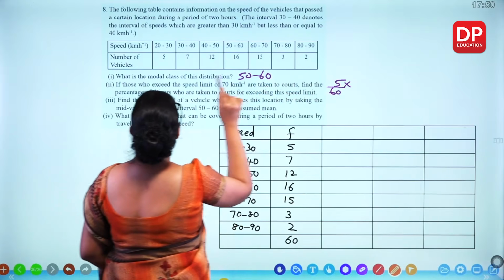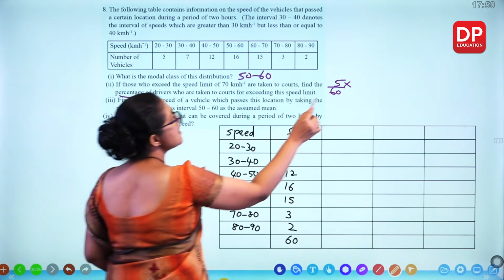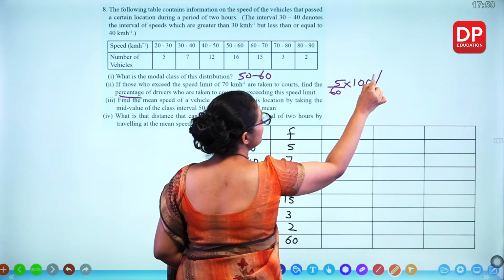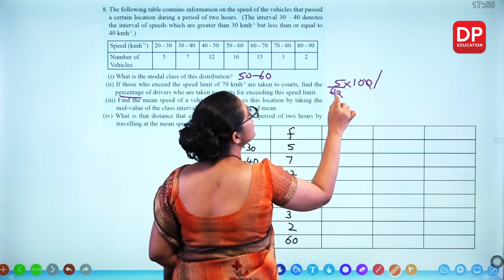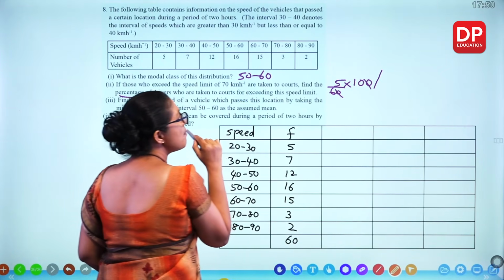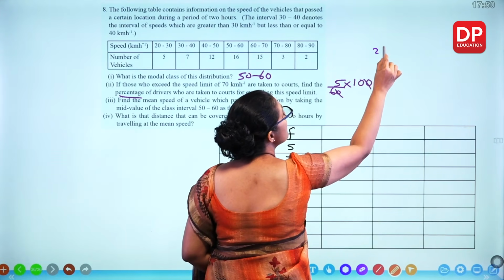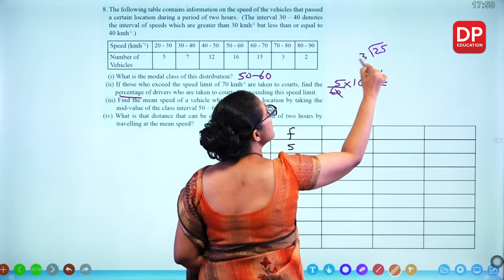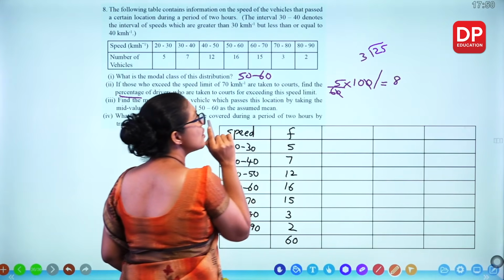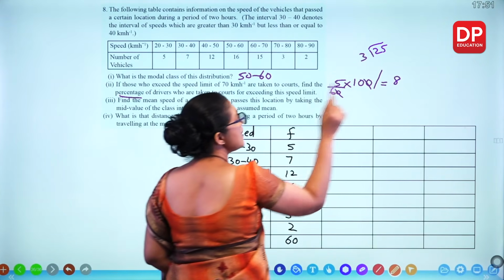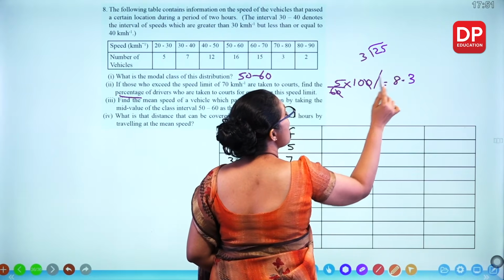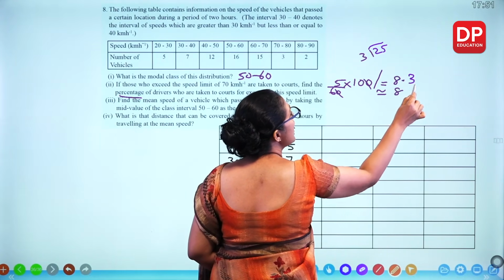Multiplied by 100 because we need the percentage value. So 50 divided by 6 or 25 divided by 3. 3 times 8, 24. For 10, that's 8.3. So roughly 8%.